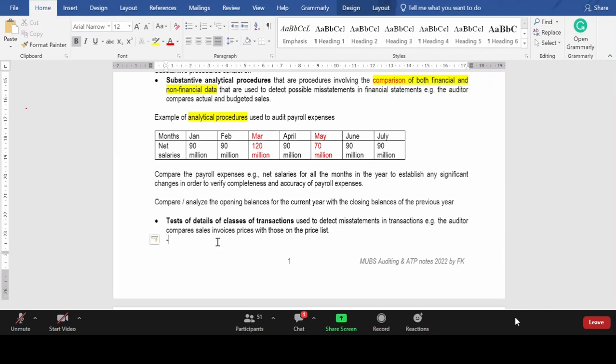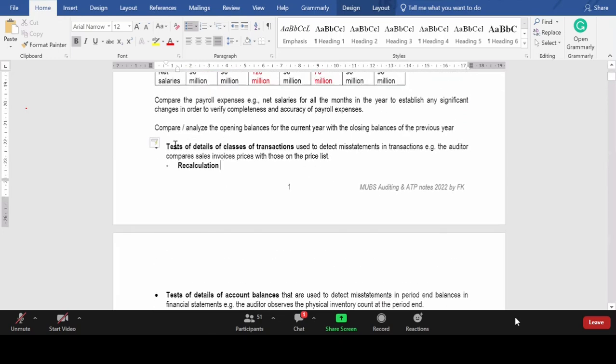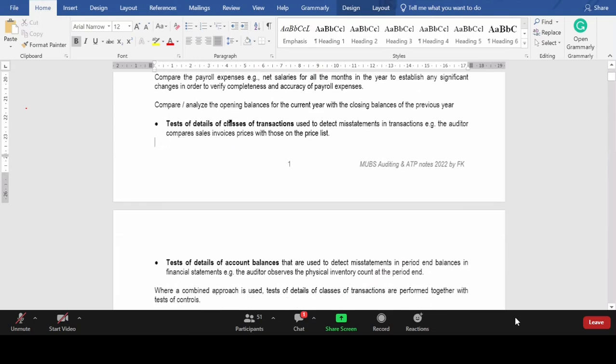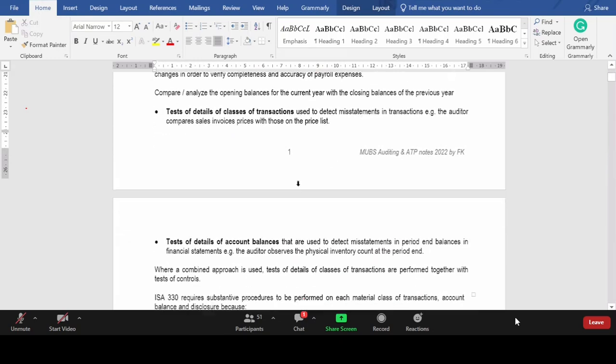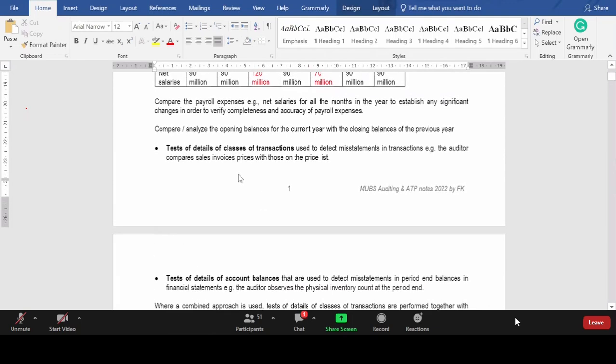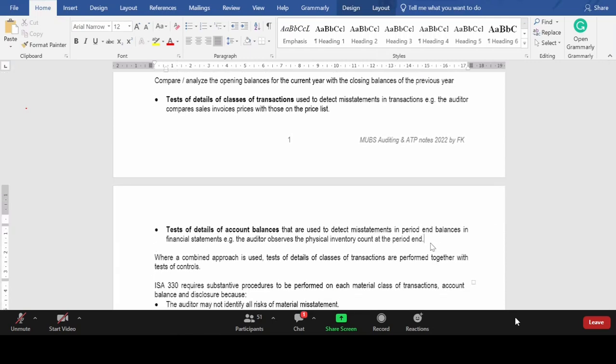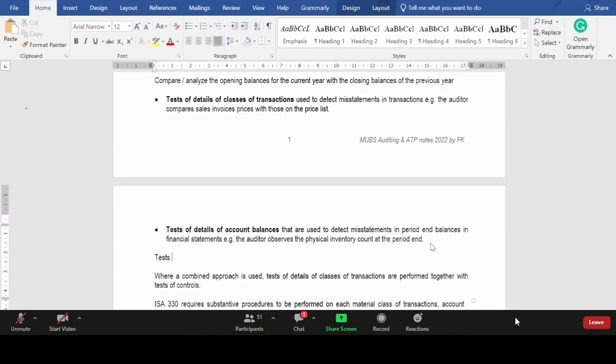The first test here you do to test the details is recalculation. So I can combine these ones together. Tests of details of classes of transactions, that's for the income statement, and then tests of details of account balances for the items in the balance sheet. So what are some of these tests of details?